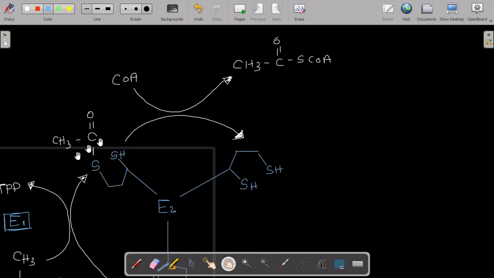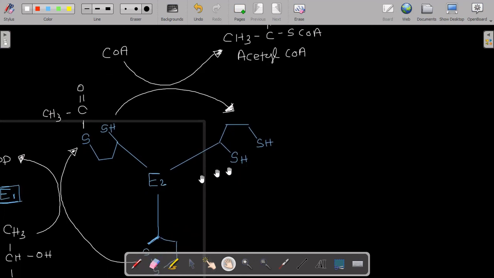Now the 2 carbon unit of this complex combines with coenzyme A, and that gives you acetyl coenzyme A. Okay, this 2 carbon unit combines with coenzyme A and that produces acetyl coenzyme A, and you are left with this reduced form of the lipoic acid of the E2.